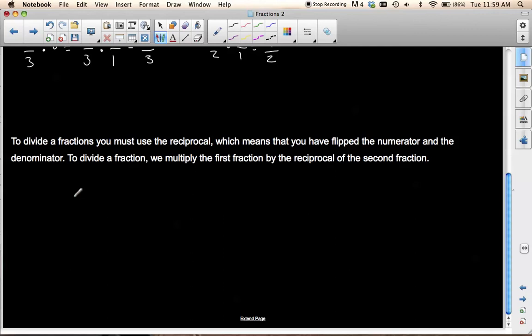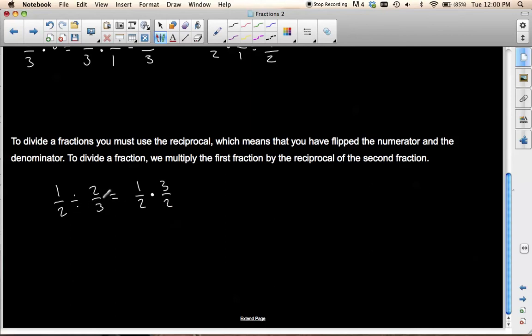So if we were to have 1 over 2 divided by 2 over 3, we would leave the 1 over 2 the same, use the reciprocal, and change our division symbol to a multiplication symbol, and we would have 3 over 2.